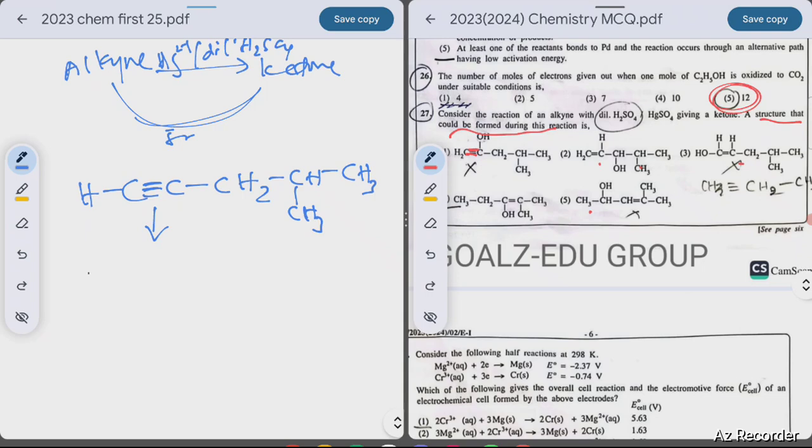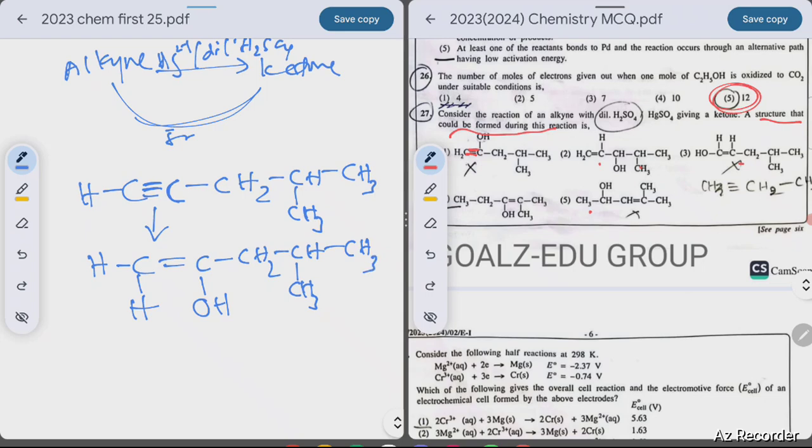So it will form a compound like this. Now this one has more hydrogens, so H is added here, and this one didn't have any hydrogens, so the OH is added for that. And form CH2, CH, CH3, CH3. Right, that is during the first step.